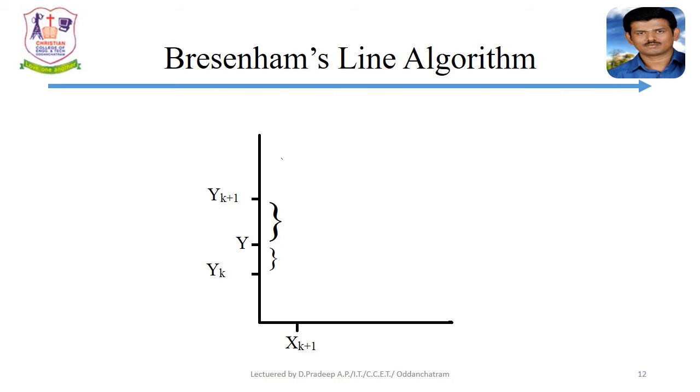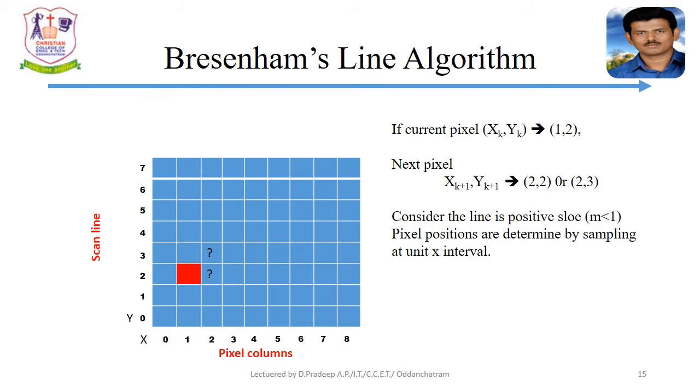So we have to calculate the distance d2 equal to yk plus 1 minus y, and d1 equal to y minus yk. We can choose the lowest value. If yk is the nearest pixel, we use yk. If yk plus 1 is the nearest to y, we have to use yk plus 1 as the coordinate value.